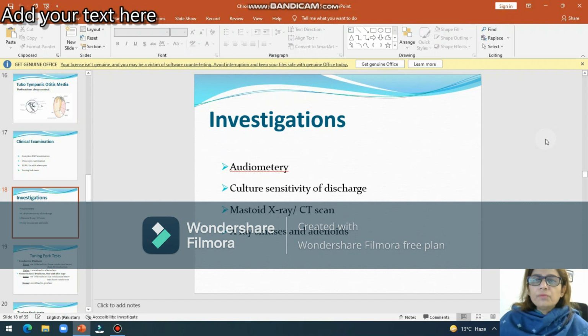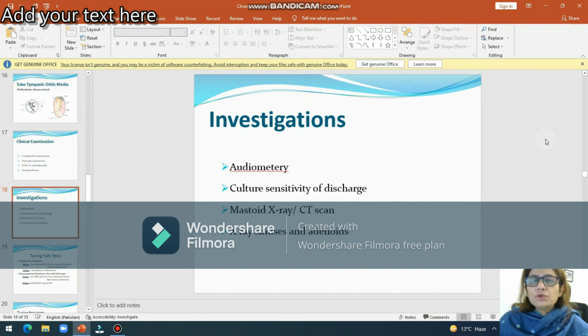You will confirm your tuning fork test with the help of audiometry showing air-bone gap and conductive hearing loss. Then, because the patient is in the chronic stage and there is no improvement with antibiotics, you will send pus for culture sensitivity.